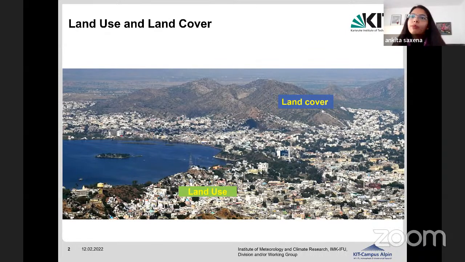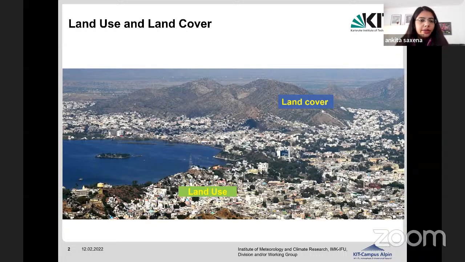All the anthropogenic activities associated with land transformations are considered land use, and land cover is at a larger scale, the naturally available land over the Earth's surface. That is how we differentiate between land use and land cover.